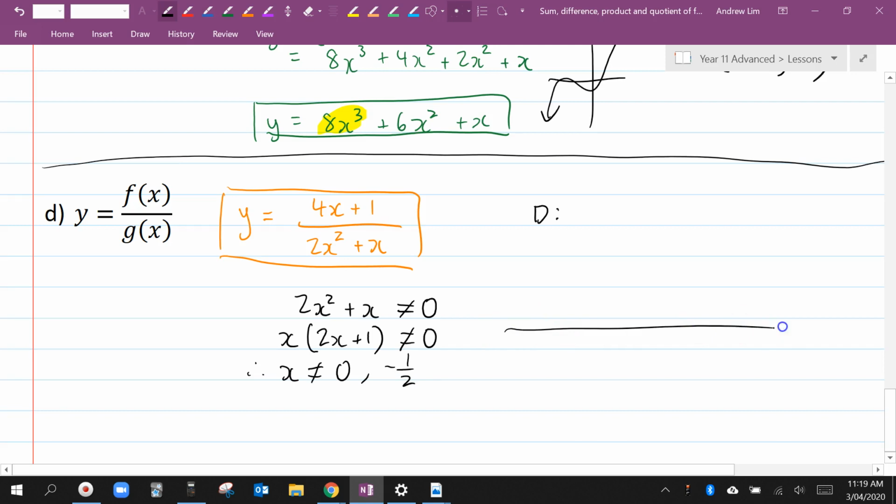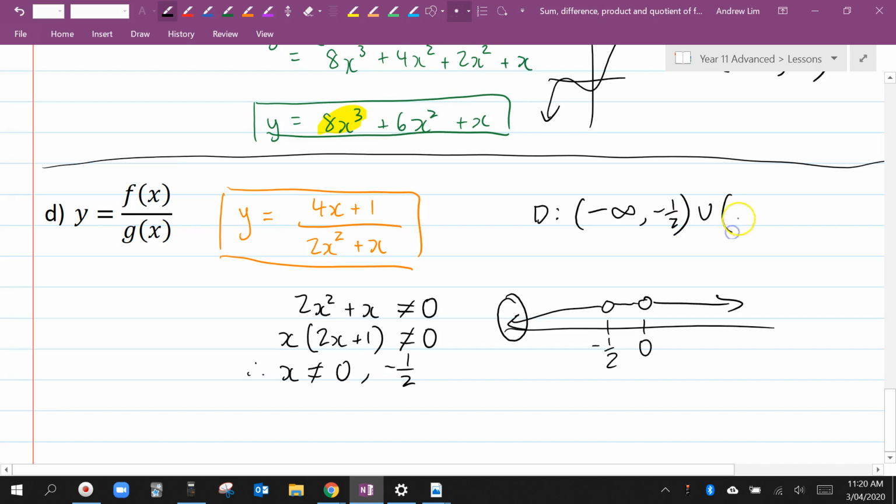So if we were to do that on the number line, here's 0, here's negative half. X can be everything else. X can be all of that and all of that. Okay? It just can't be negative half or 0. Therefore, the domain is from negative infinity all the way up to negative half, except we don't include it, so we use a curved bracket.